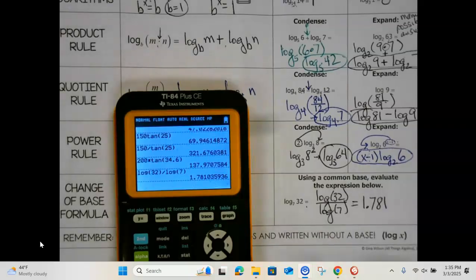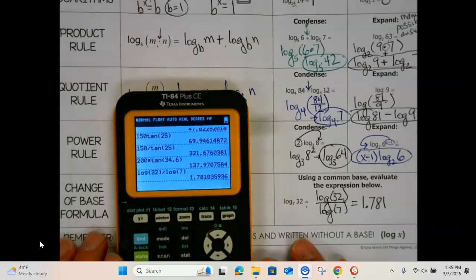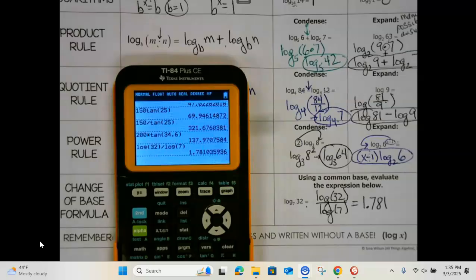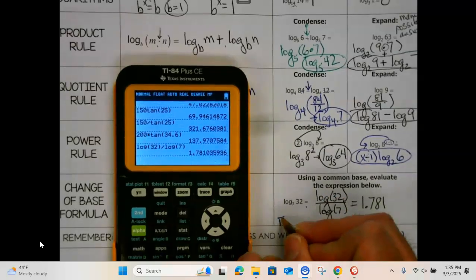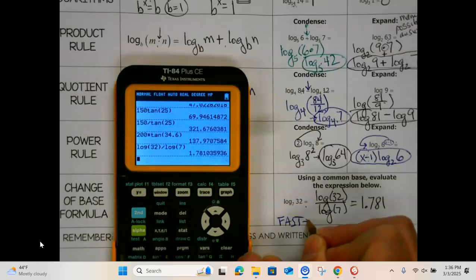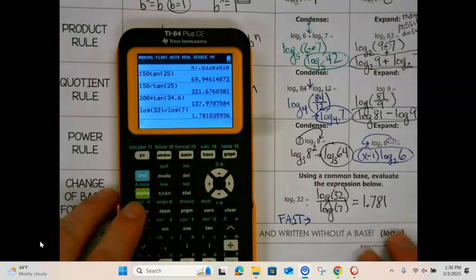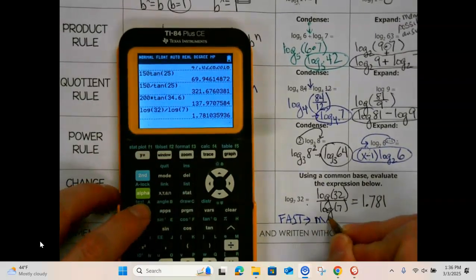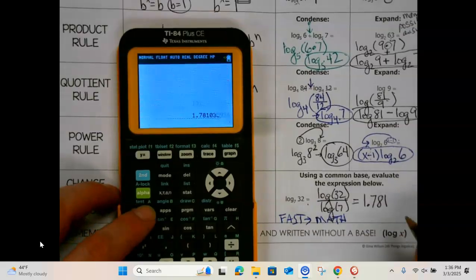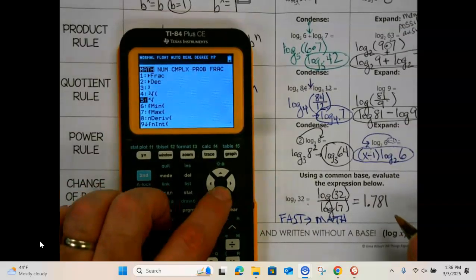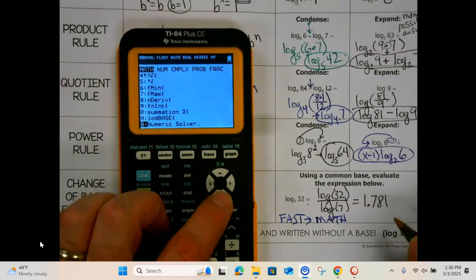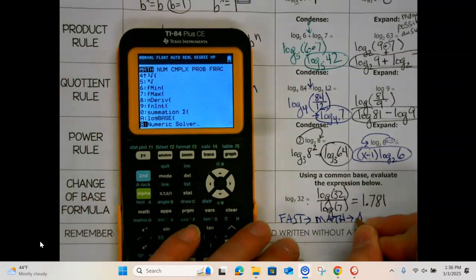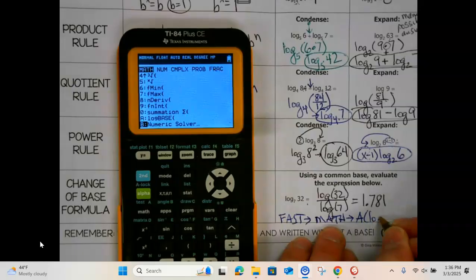If you're worried you're going to forget how to put that in, there actually is a faster way on the calculator, because I've been playing around a little bit. So if you want to do this the fast way, if you go to math on the calculator here, and you go down a ways, math A, which says log base.